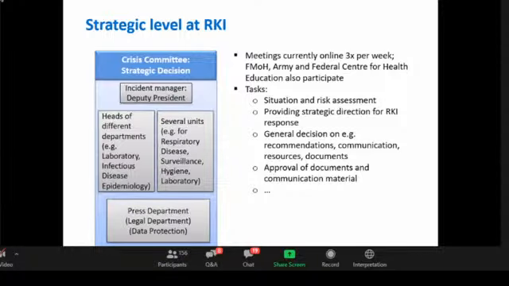What should our communication message be? What kind of resources do we need? Are there any documents we need to establish? Or if there are already documents, they are also responsible for the approval, and also of the approval of communication materials. Next slide.